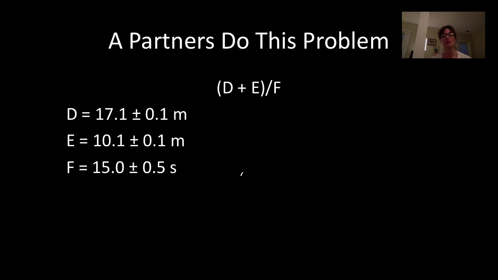Notice that we've got a mixture. So we've got an addition problem and a division problem. So you need to first follow rule 1 when you're adding numbers with uncertainties, and then rule 2 when you're dividing numbers.